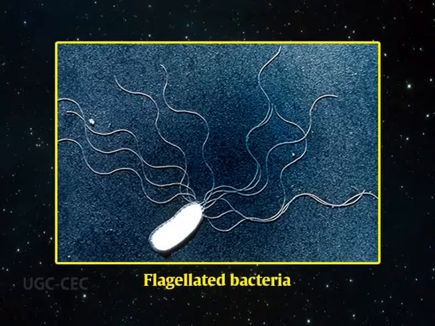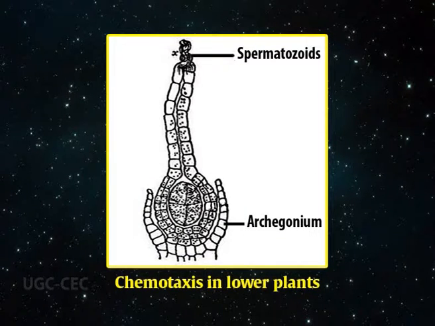For example, many flagellated or non-flagellated bacteria move towards the source of food by lashing their flagella or by tumbling. In these cases, the stimulus is purely chemical. Similarly, the movement of spermatozoids in lower organisms such as mosses and ferns is always directional because the chemicals released by the mature archegonia provide the chemical stimulus.